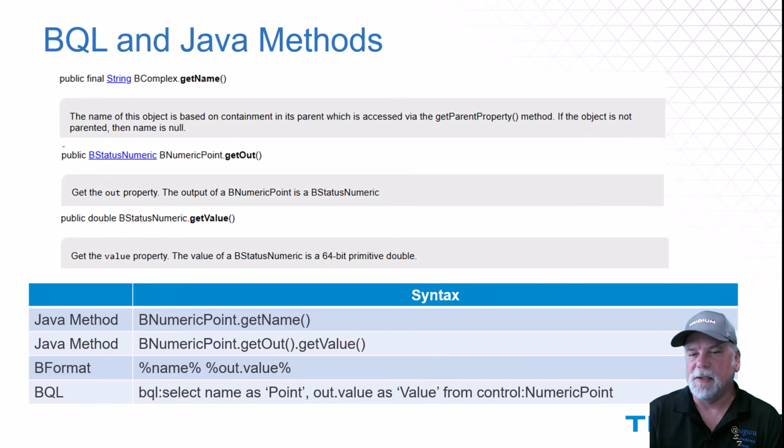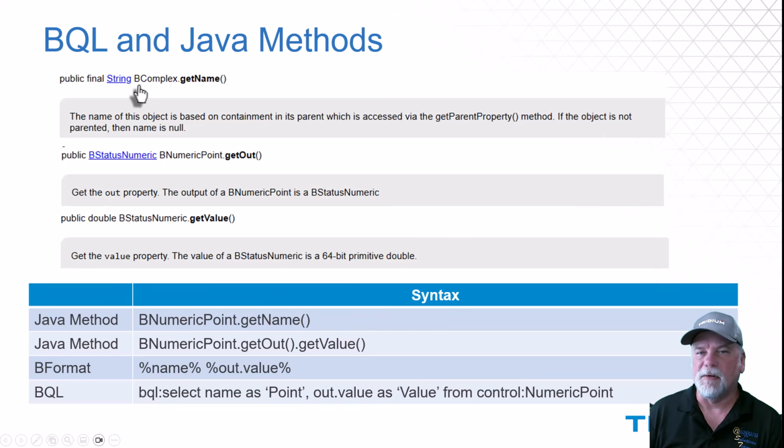And this last slide is just trying to draw a little bit of an analogy with something that's more familiar to you. I'm sure all of you use something like %out.value% in your BFormat syntax on a PX view, or you use things like %name% or %getParent% or %parent%, things of that nature. Where these come from is looking at the Java classes.